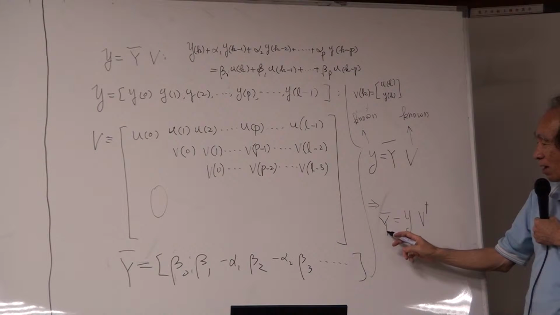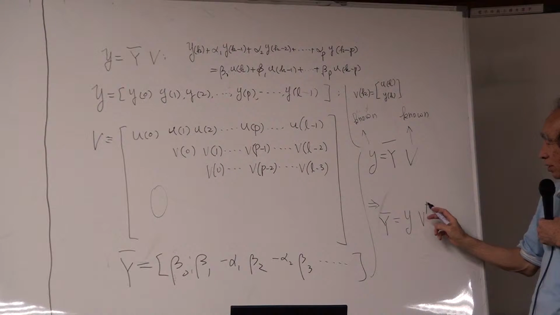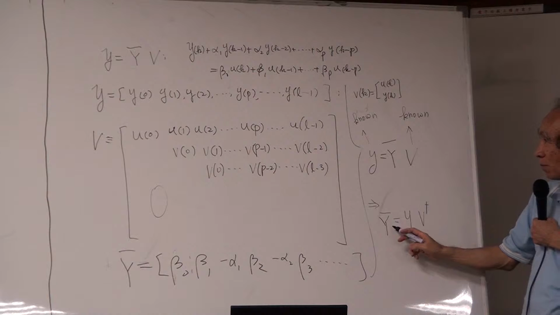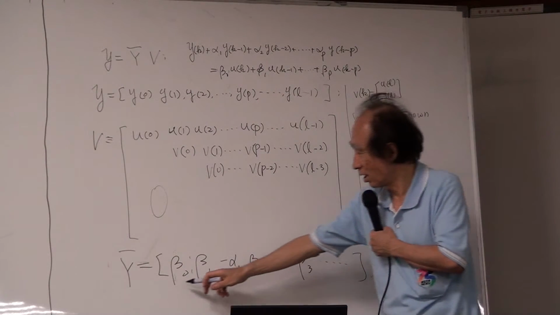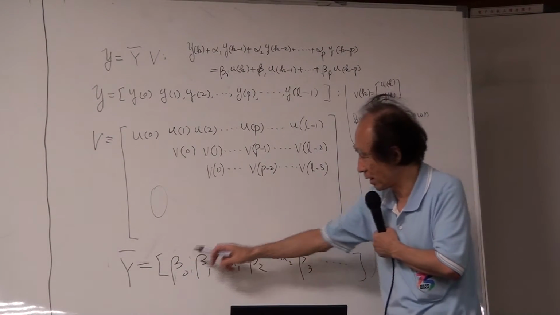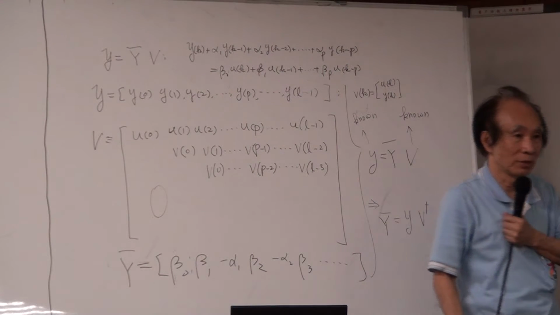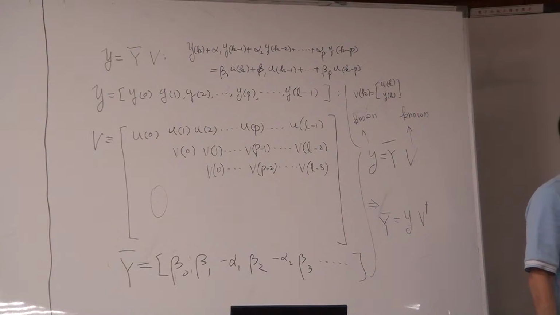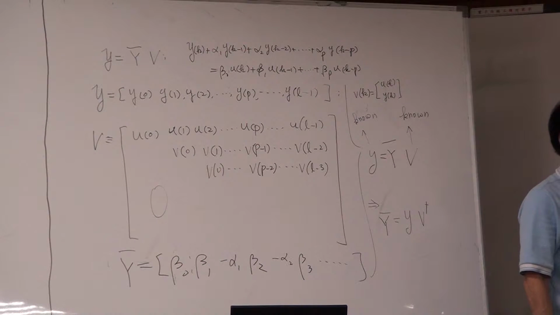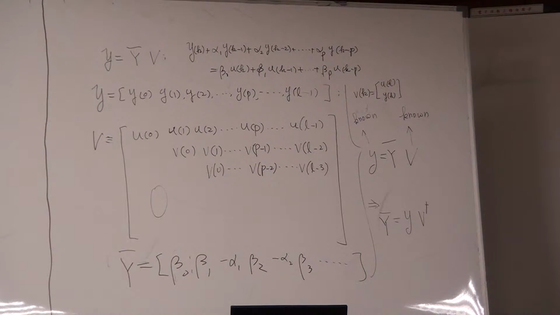If I solve Y bar equal to Y V pseudo inverse, it means all my Y bar, that's this, all my parameters, and this is also a matrix. I will compute that matrix out. Okay. Now, to be able to solve this matrix, V pseudo inverse, there's one requirement. What is the requirement? Do you know?